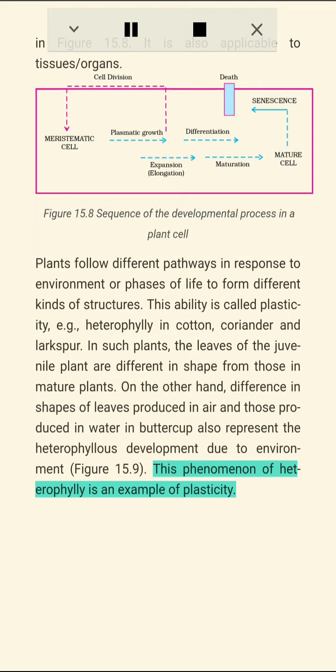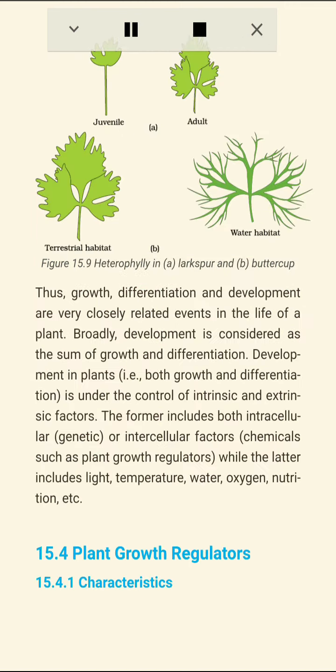Figure 15.9. This phenomenon of heterophylly is an example of plasticity. Figure 15.9 Heterophylly in A. larkspur and B. buttercup. Thus, growth, differentiation, and development are very closely related events in the life of a plant.